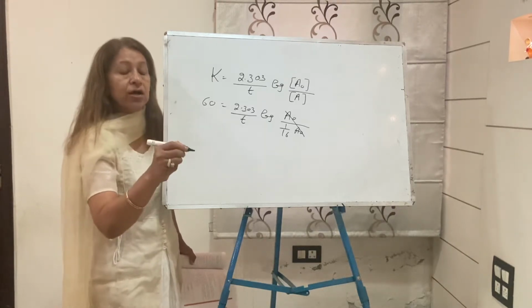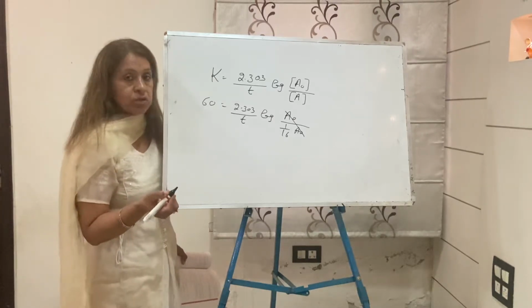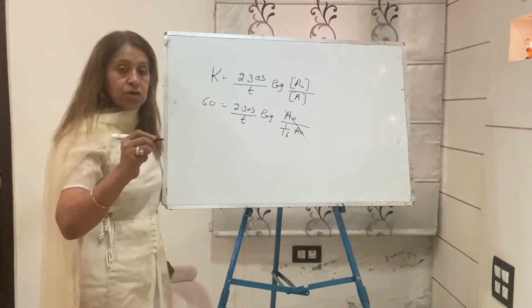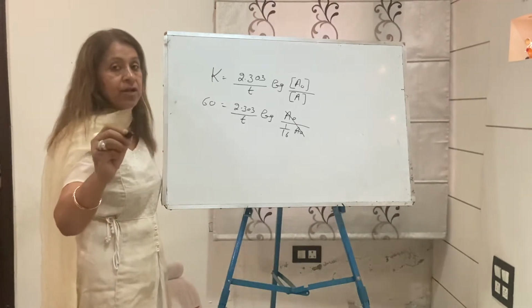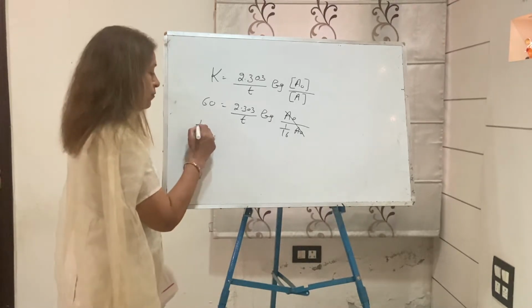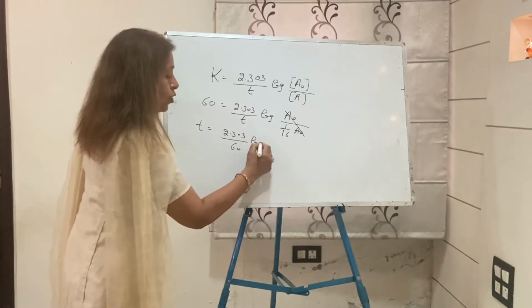No need to put the value of A naught. In my last lecture I drew a graph where the rate constant was independent of the initial concentration. So t is equal to 2.303 by 60, log 16.